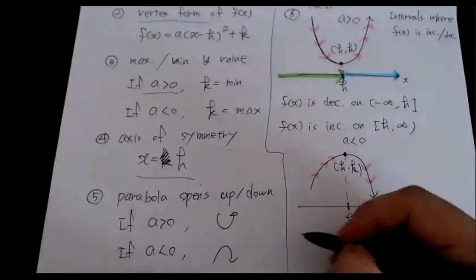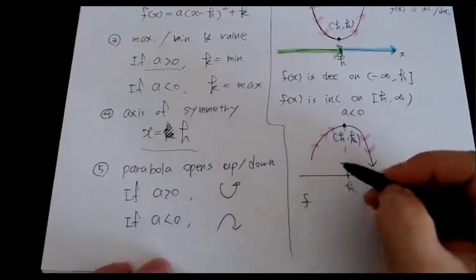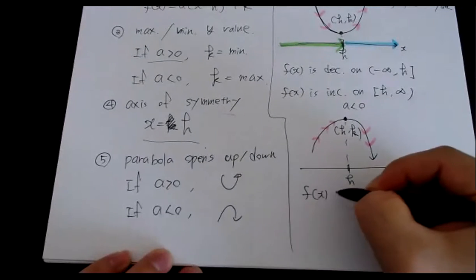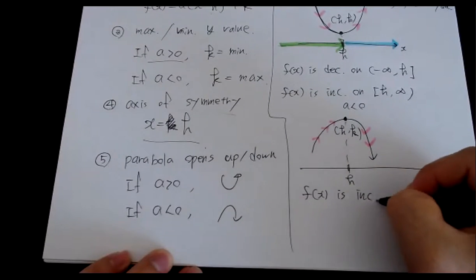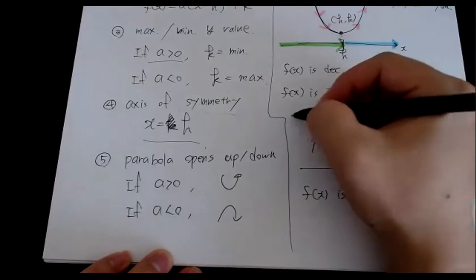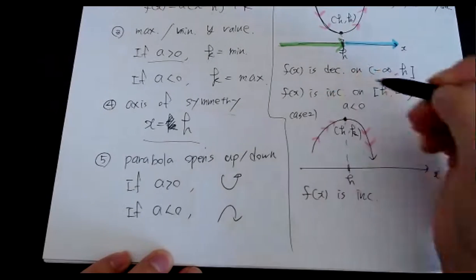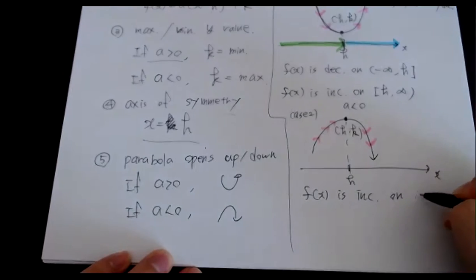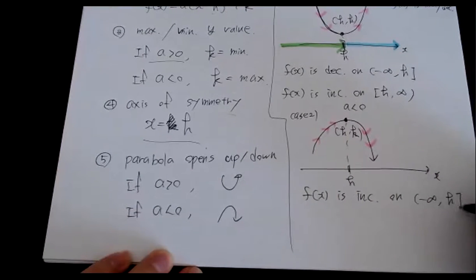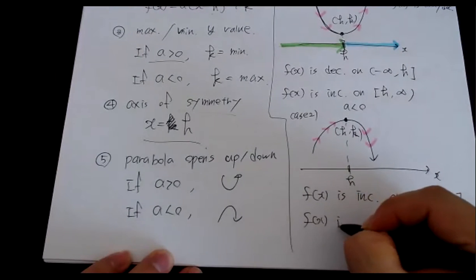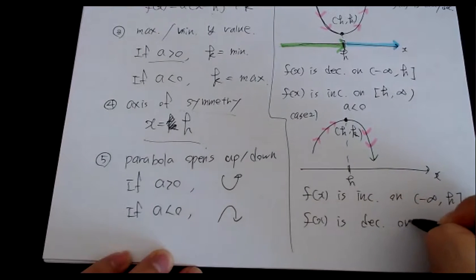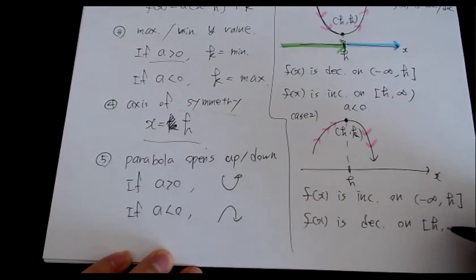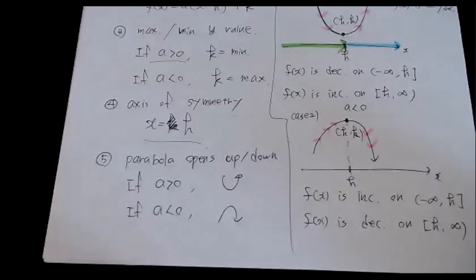This is case 2, totally opposite to case 1. So f of x is increasing on negative infinity to h, and f of x is decreasing on h to infinity.